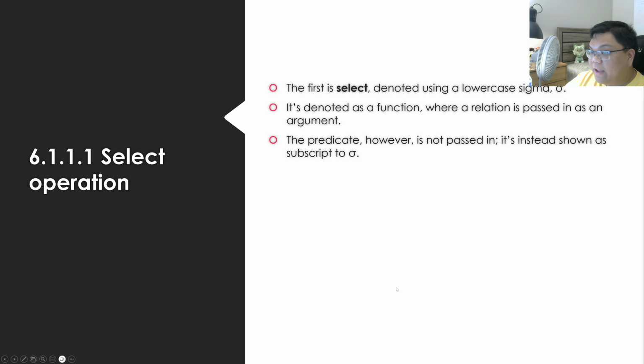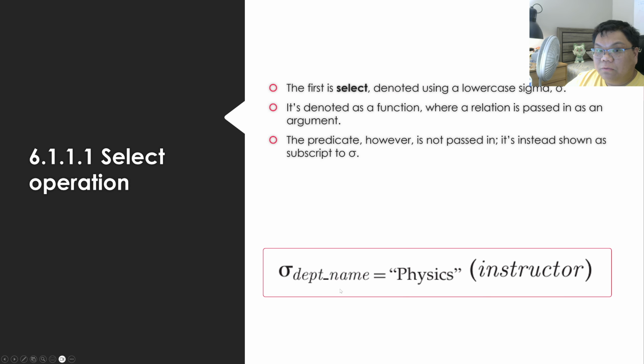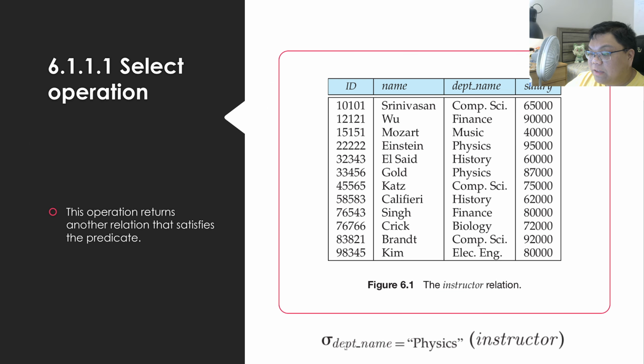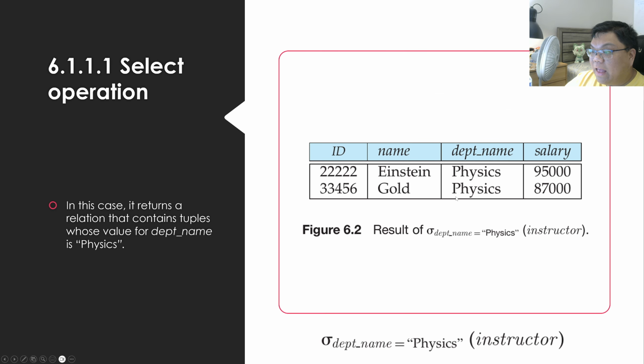So, select selects tuples that satisfy a given predicate. So, department name equals physics for a relation. Well, this is the instructor relation. Basically, pick out the tuples for which this predicate, department name equals physics, is satisfied. And there we go. We just found all the physics instructors.